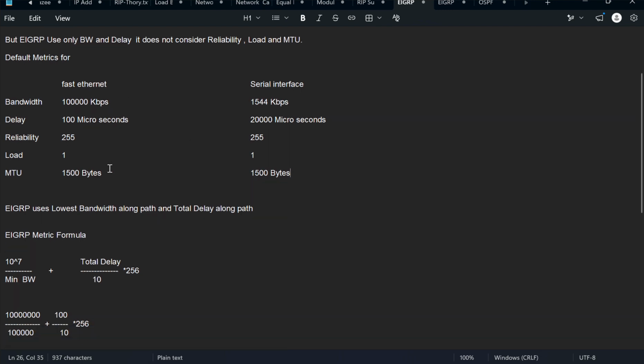Here one important point is, EIGRP uses the lowest bandwidth along the path and the total delay along the path. Lowest bandwidth, not cumulative bandwidth. Lowest bandwidth means, see here, we have one topology.